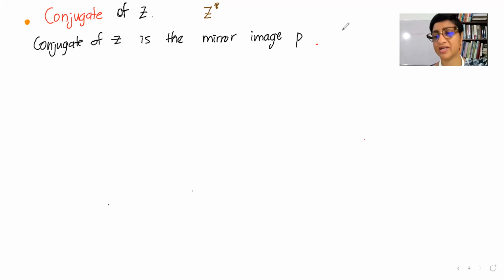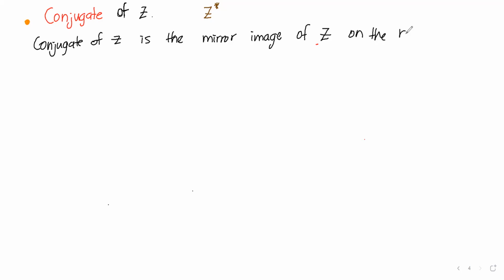Any number is a point on the plane, but let's just say it is a mirror image of Z on the real line. Who's acting as the mirror here? The real line.